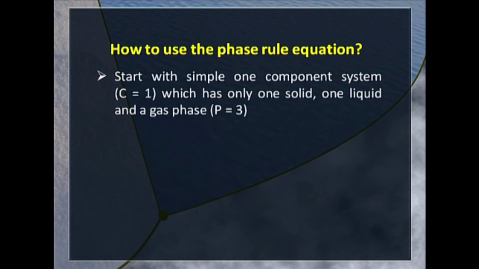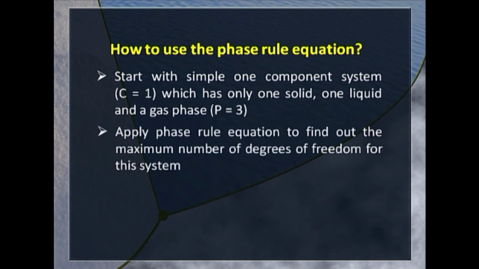That means such a system will have C is equal to 1, it is a one component system, and the maximum number of phases is 3. To this system, if we apply the phase rule equation, we can find out the number of degrees of freedom. First of all, we have to find out the maximum value of F. We can get it by keeping P minimum, that is P is equal to 1.